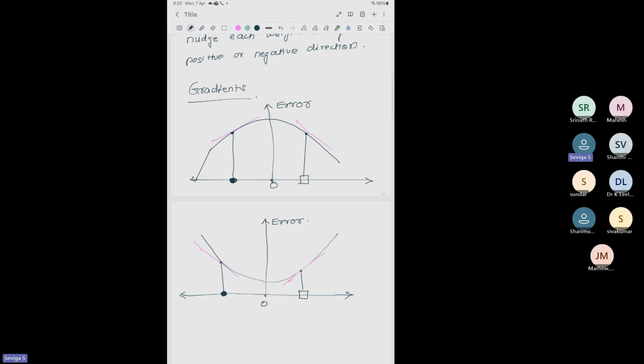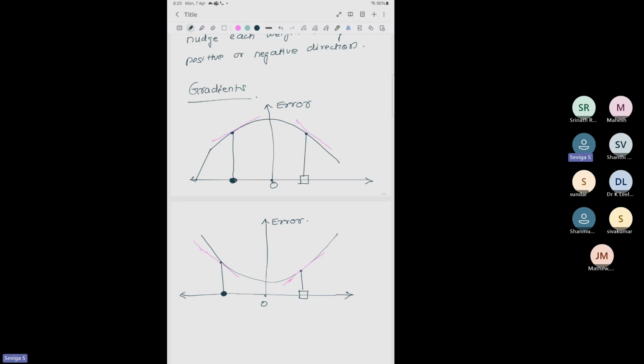The thing is that this computation of the gradient should not take much time. As you said, we have to compute for n sets of weights and then compute the gradient. For every point of error, we have to compute the gradient.